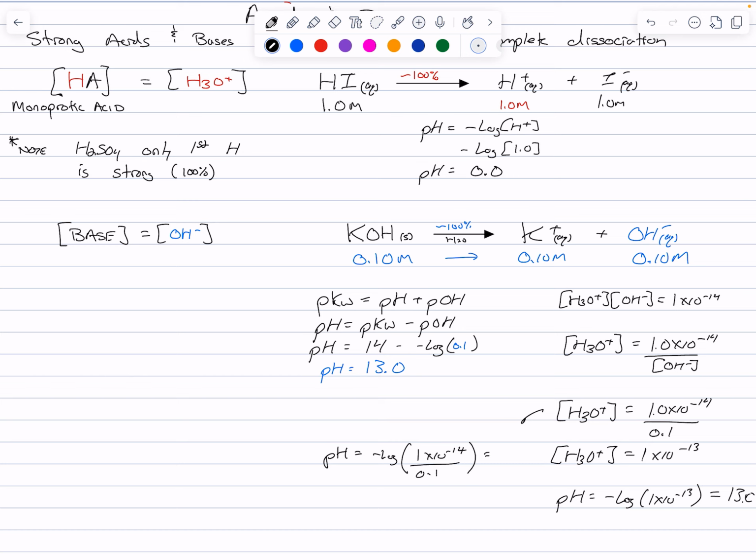You can shortcut it with your calculator. I don't care how you do it. Either one's valid. So those are strong acids, pretty straightforward, and a lot of times in class for strong acids, I draw a smiley face because the calculations, especially for the acid, are really straightforward.